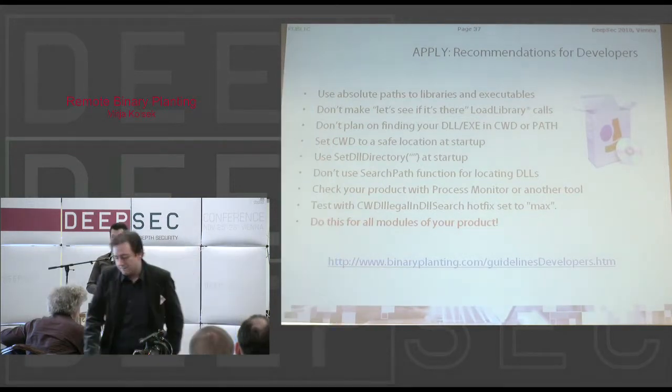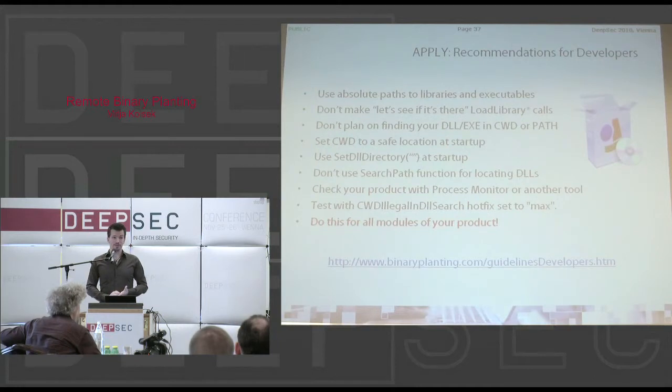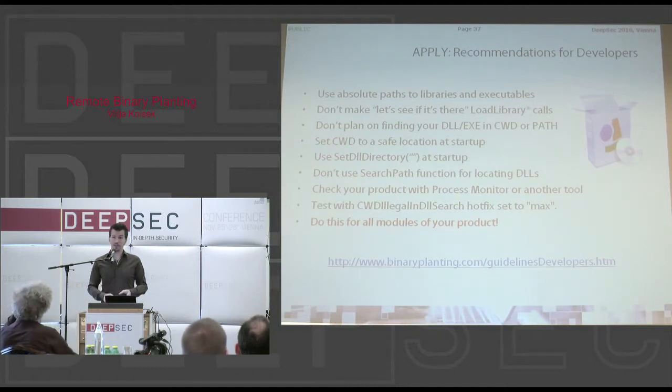You definitely should try to use absolute paths whenever you're loading libraries or launching executables. If you don't know where your DLLs and executables are, you don't know what you're doing. Seriously, you have to know what you're about to load. It doesn't just have to pass the QA test. It will work if you do it like this, but if the DLLs aren't there, it will break.